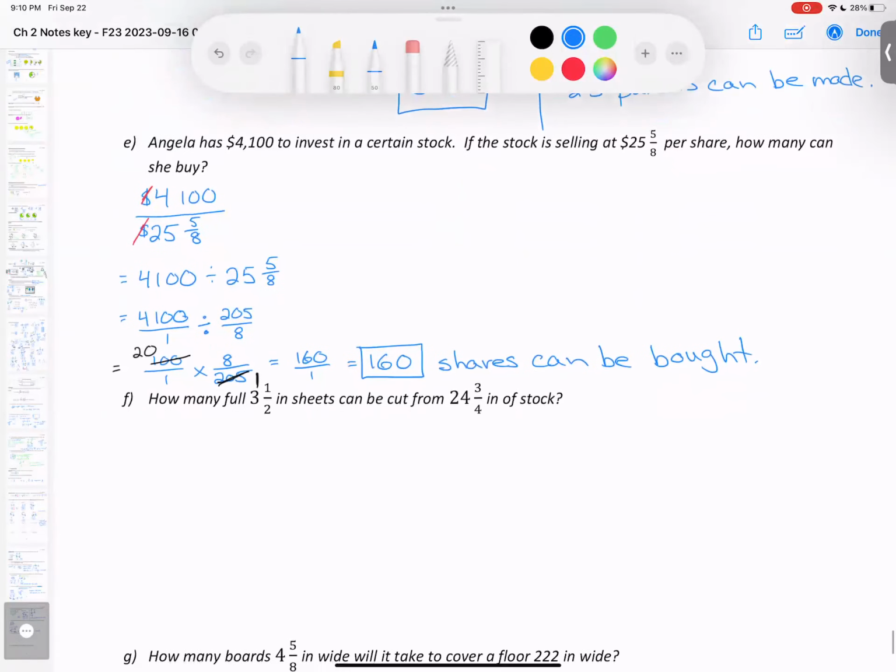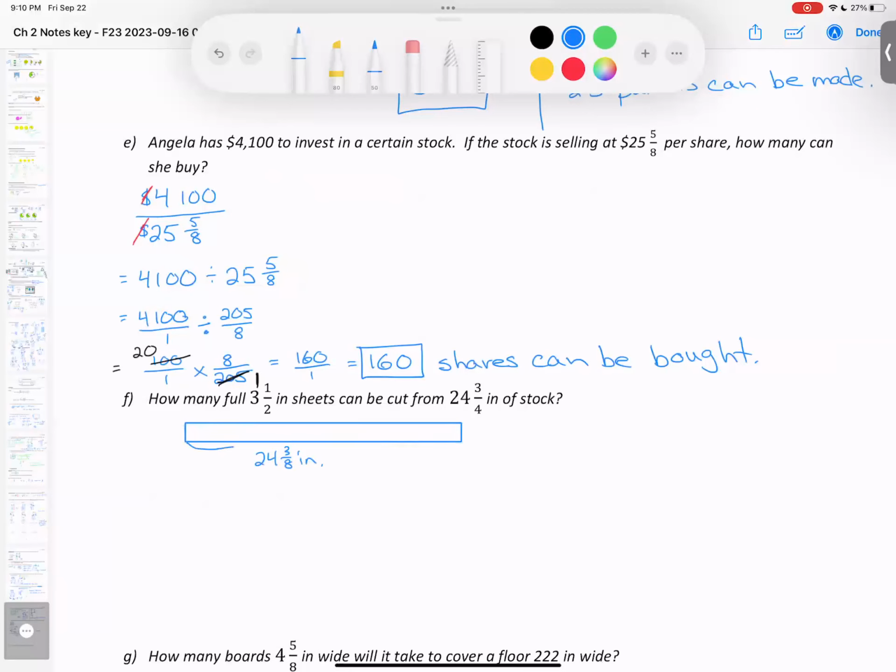All right, take a look at that next one. So here we are being asked, we want to know how many full 3.5 inch sheets we can cut from 24 3/4 inches of stock. So I imagine maybe we're at a paper factory and we've got this big long piece of paper that the factory's made, which is 24 3/8 inch.